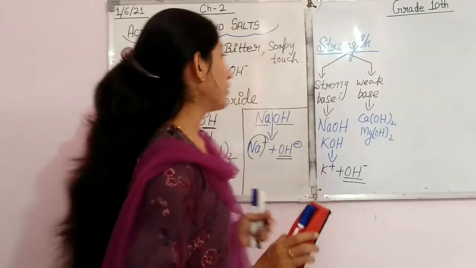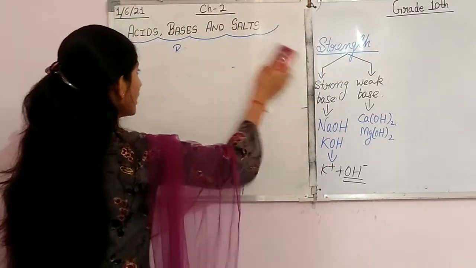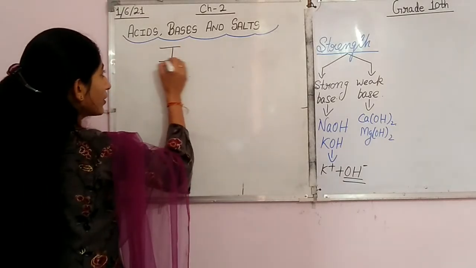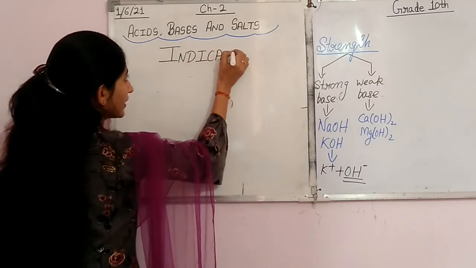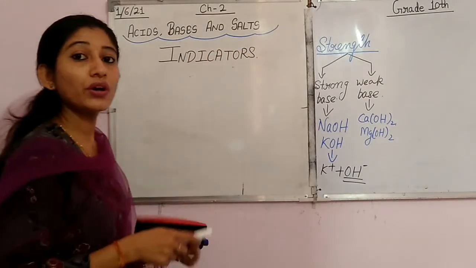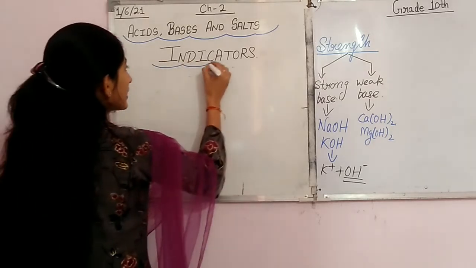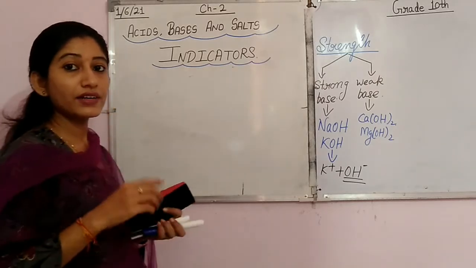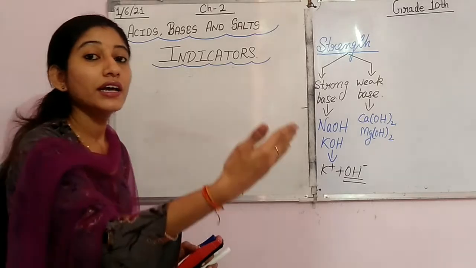So let's talk about the indicators. What are indicators? Now students, the new topic that we are going to discuss here is indicators. What is the role of indicators? In our daily life also, indicators give us the idea of which direction we are going to move, or in which direction the person is going to turn.